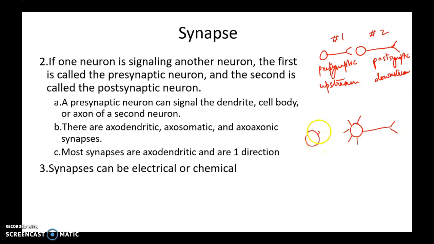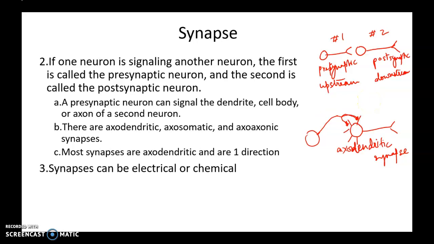The presynaptic neuron can actually talk to the dendrites, and when the presynaptic neuron synapses on the dendrites of the postsynaptic neuron, we call this dendritic synapse, meaning the axon of the presynaptic neuron is synapsing with the dendrite of the postsynaptic neuron.